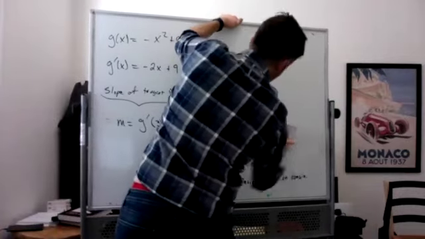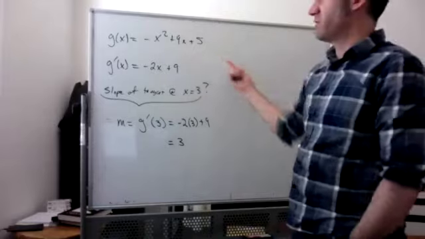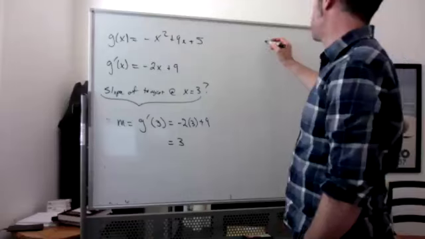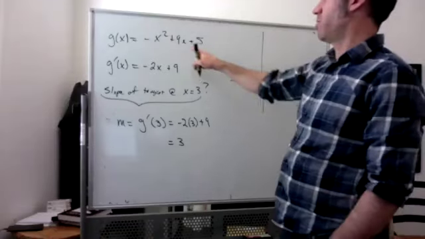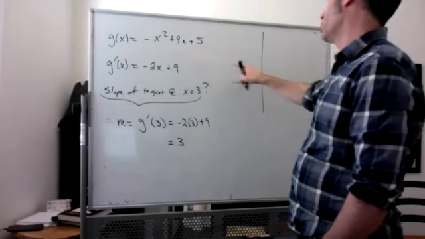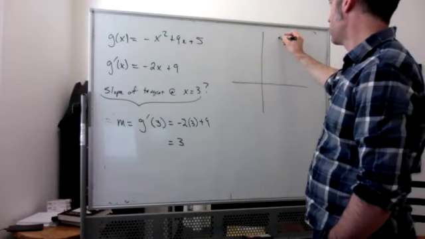In fact, let me graph this just so I can kind of give you guys an idea what's happening here. So negative x squared plus 9x plus 5 is a downward opening parabola. Looks something like this.